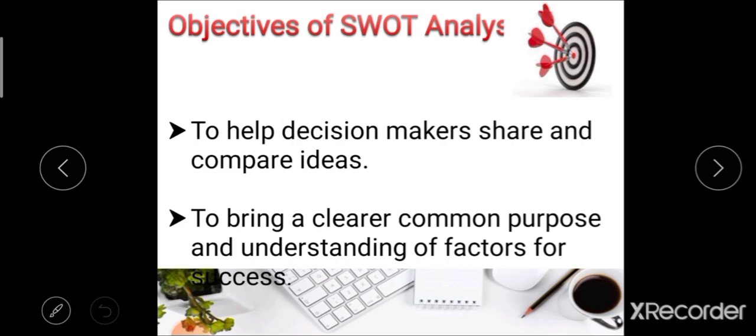SWOT analysis can help a decision maker or business organization share and compare ideas with other firms, and bring a clearer common purpose and understanding of the factors of success. From this analysis, common factors related to success become clear, and we can identify those success factors and achieve more profit and growth of the business organization.